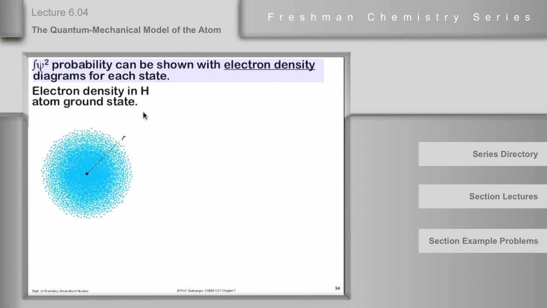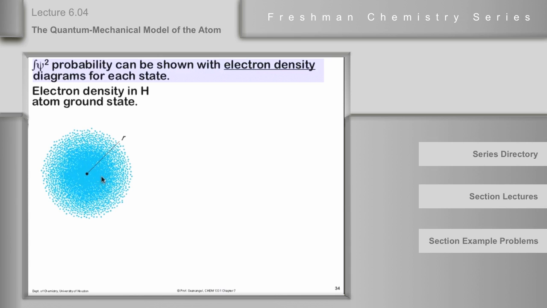In order to describe the ground state, for example, what is sometimes done is to use a scatter diagram. We can't tell at any given instant where the electron is, but imagine that you were able to have a camera which could see an electron and could take a series of pictures over a period of time, kind of a time-lapse thing, where you keep the lens open and you collect a whole series of pictures.